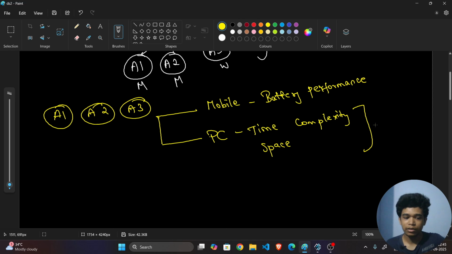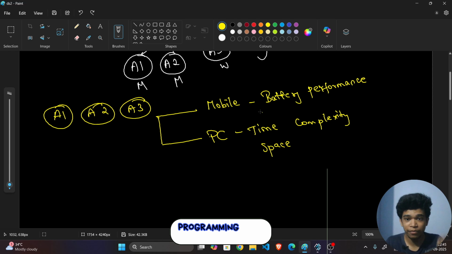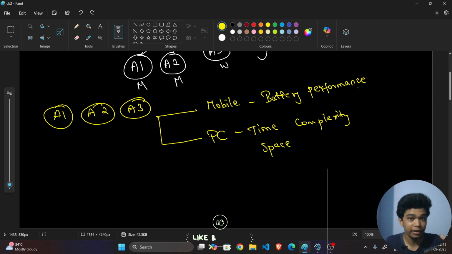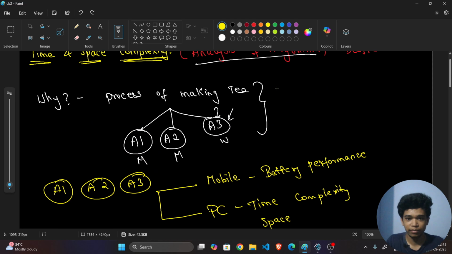In most of our algorithm work we go with PCs, our personal computers, but there are other applications also. We can develop a mobile application, and while developing it, you will prefer battery performance. If you are writing an algorithm for it, then it should consider battery performance.